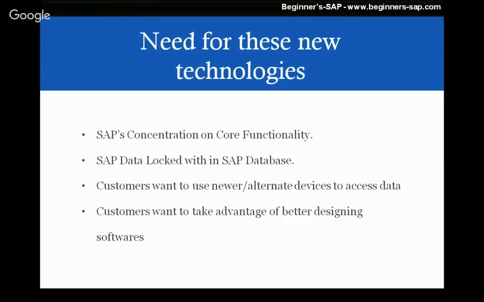Okay, so basically you have to do development, of course, but the development technology is different. If you are doing development in core SAP, then you will use ABAP. But if you are doing development on the website, to show this on the website, then you will do it using these new technologies.